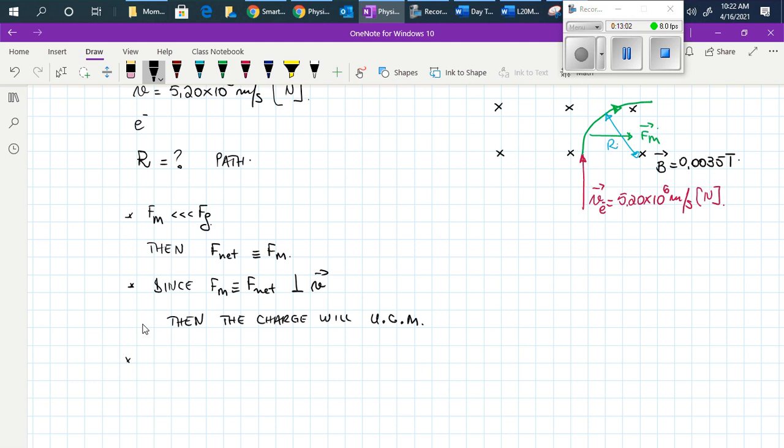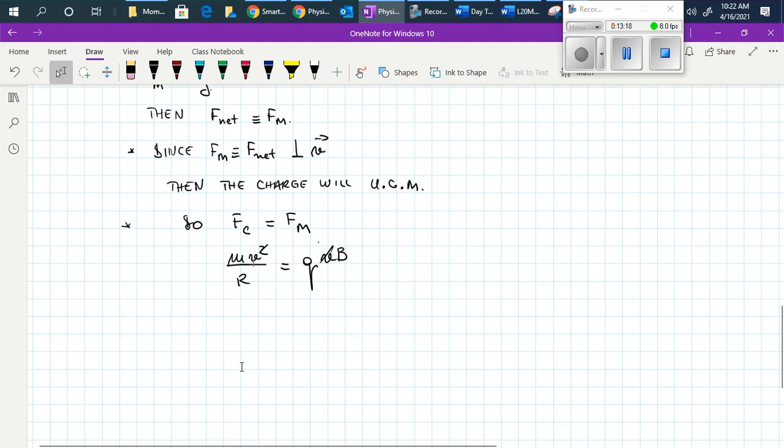So centripetal force is equal to magnetic force, or mv squared over r is equal to qvb. This v canceled out, and we have the relationship mv over r equals qB.